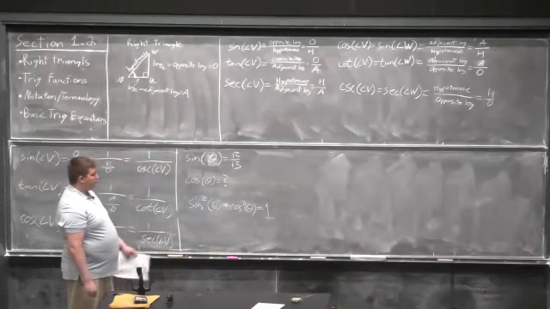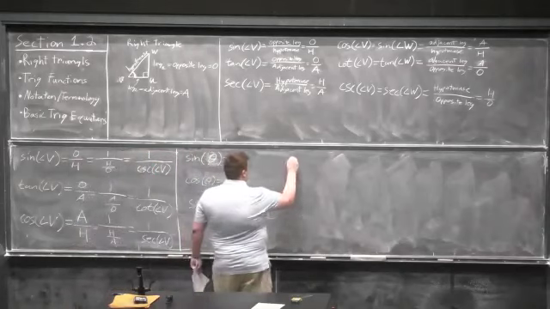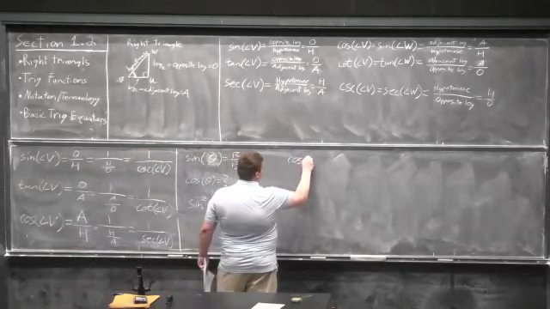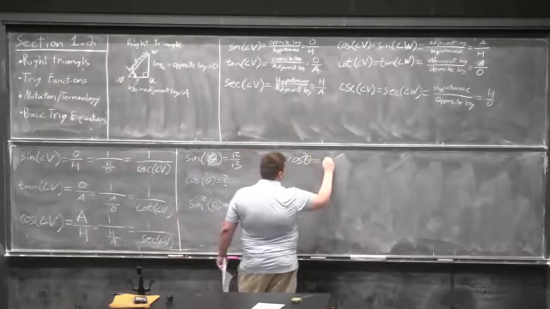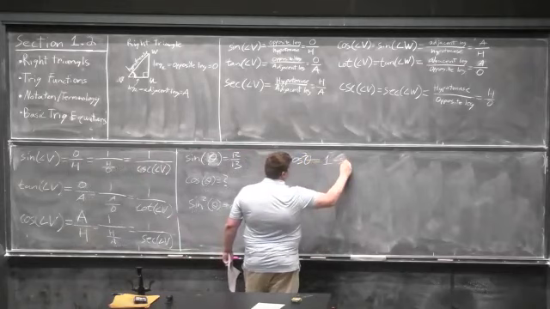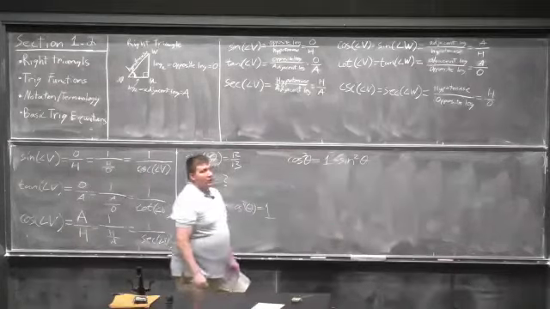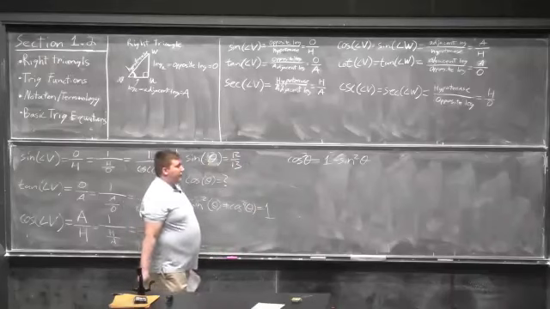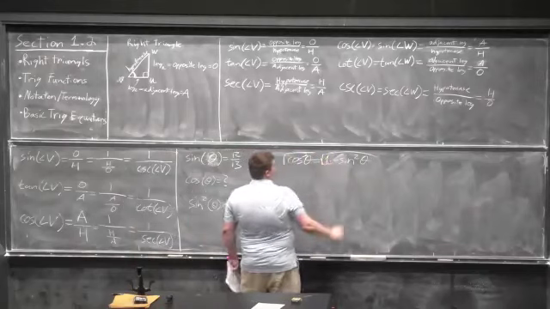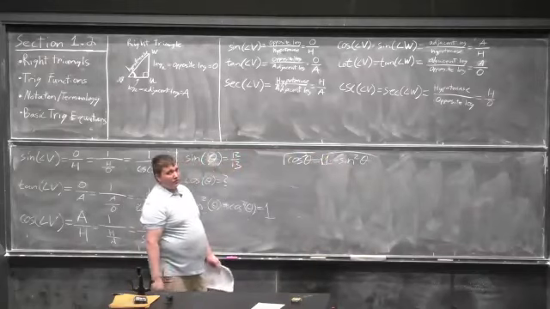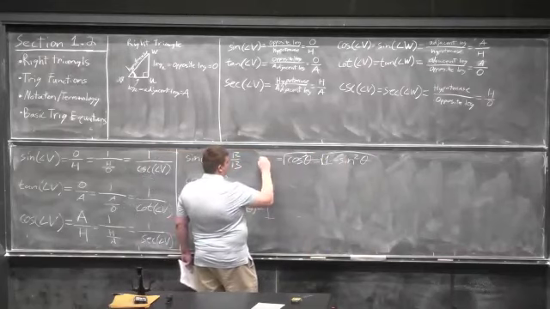So let's rewrite this as cosine squared theta is equal to 1 minus sine squared theta. We don't want cosine squared, we want cosine. So we take the square root of each side, and that leaves us with cosine.